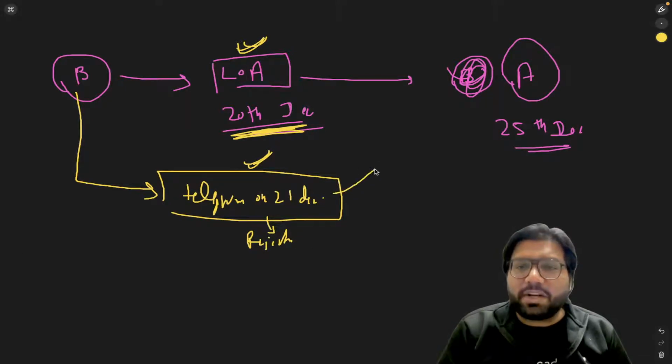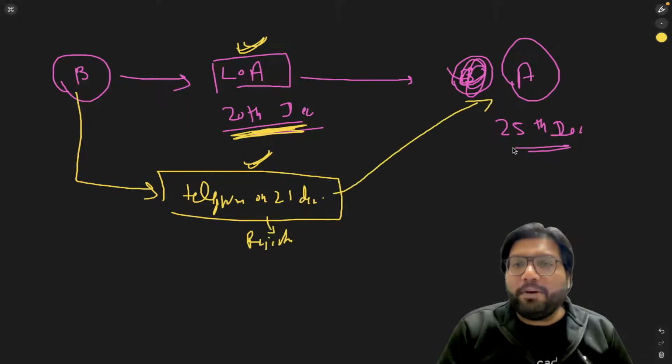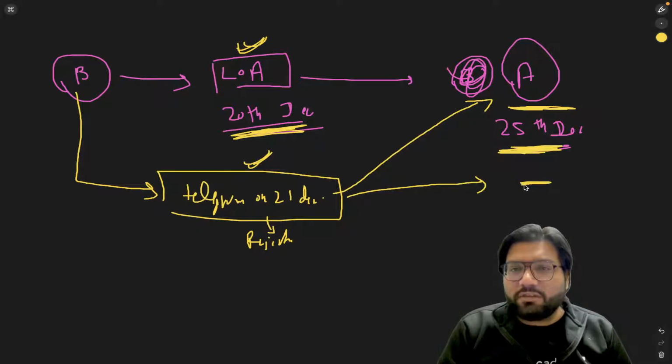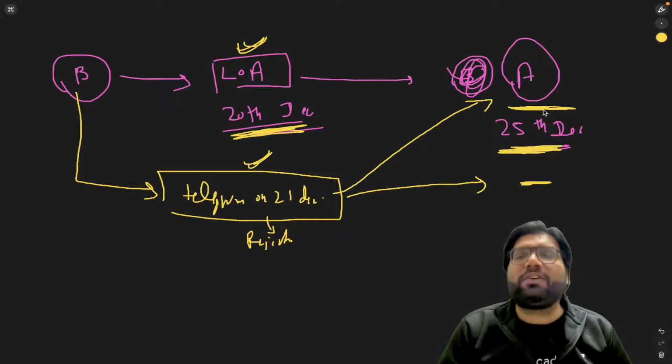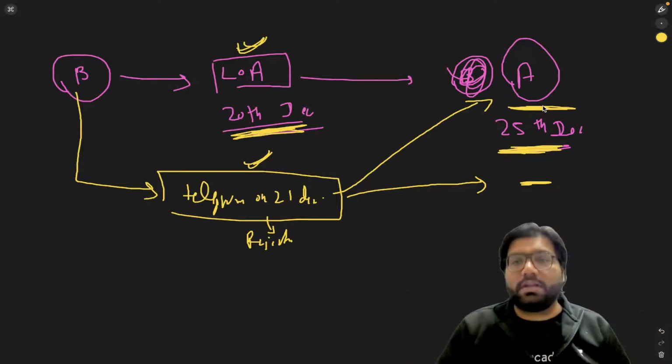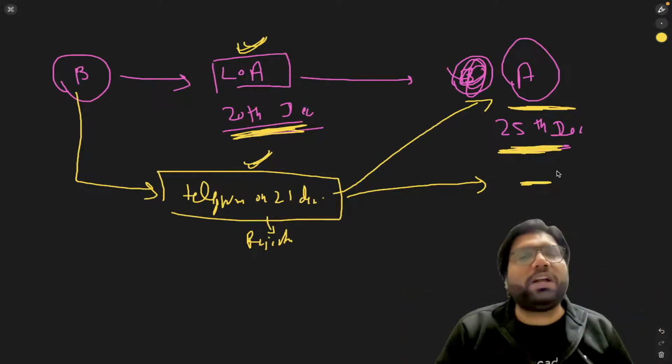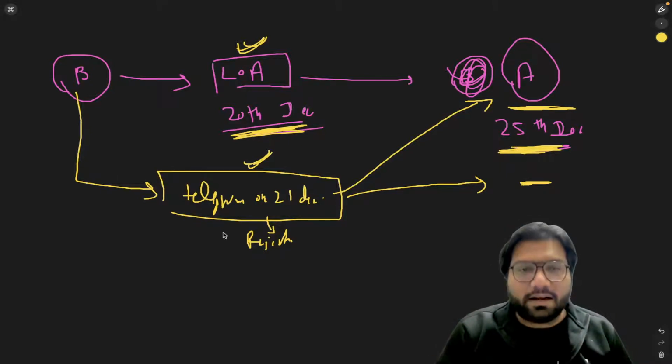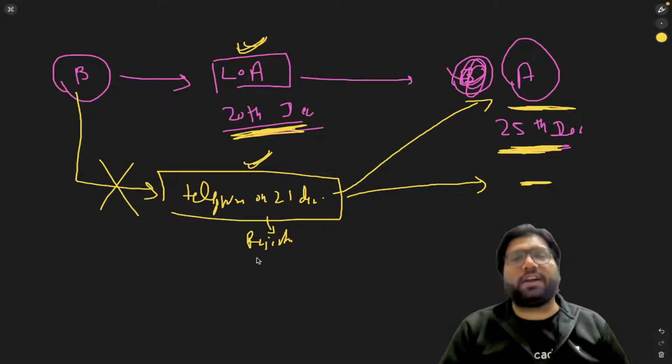If the telegram reaches Mr. A before this letter on 25th, that will be considered as no acceptance. But if after 25th, that will be treated as a valid contract, and this telegram would not have any effect.